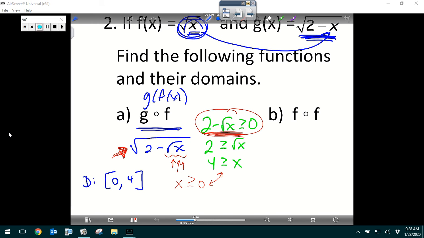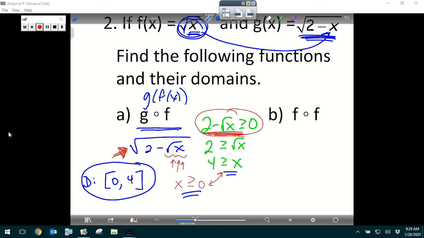Is that okay? So it's from 0 to 4. That's just interval notation. So that's way different than the original ones, right? That's way different than the intersection of the domains of f and g. It's completely different. That's really, really small. It exists for just a really, really small interval.